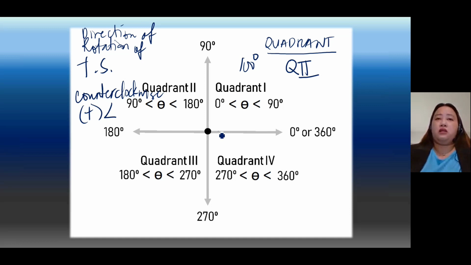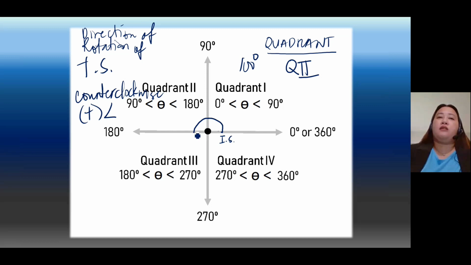Just like this one, we have here 0, this portion. It means that we have the initial side here, and the initial side is from where the rotation will begin or start. The side that rotates is the terminal side. So if the terminal side rotates counterclockwise from 0, we have here 90 at this portion.